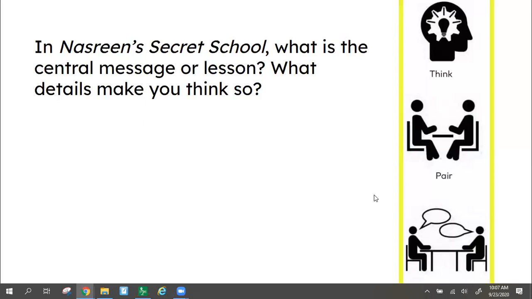You have to say the word similar. You have a copy of the book, Library Secret School, so you can look at the book. So you need sentences. In Library Secret School, what is the central message or lesson?